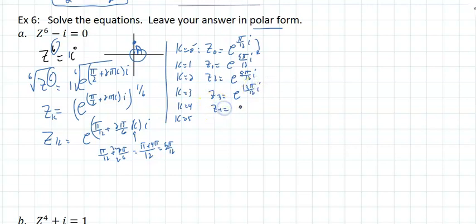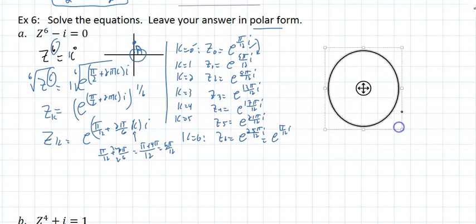Z sub 4, add another 4, 17 pi over 12 i, and z sub 5 is going to equal, add another 4, 21 pi over 12 i. If you go one more, that's e, add another 4, that's 25 pi over 12 i. Isn't that the same as e to the pi over 12 i? You start repeating.